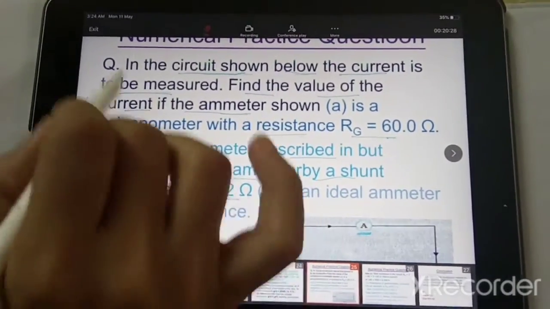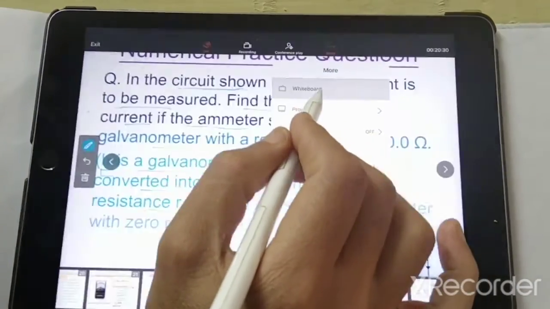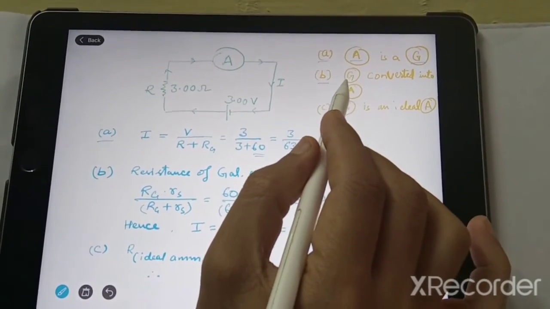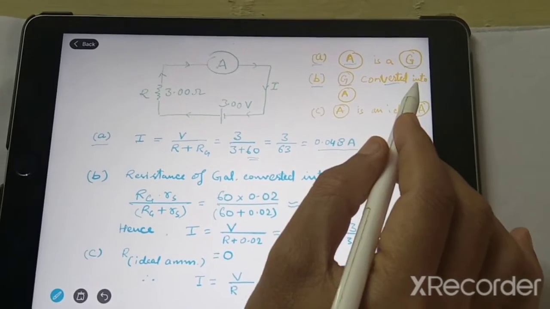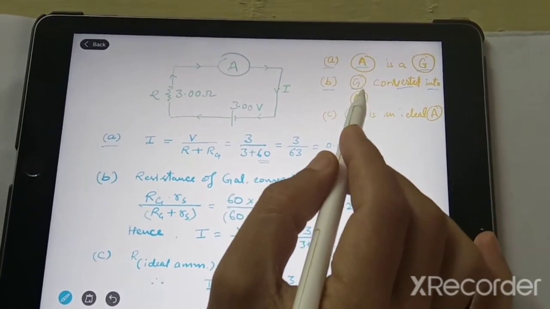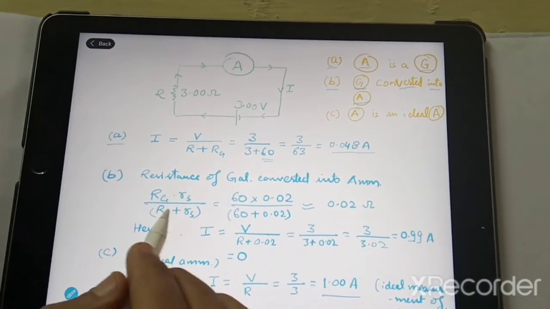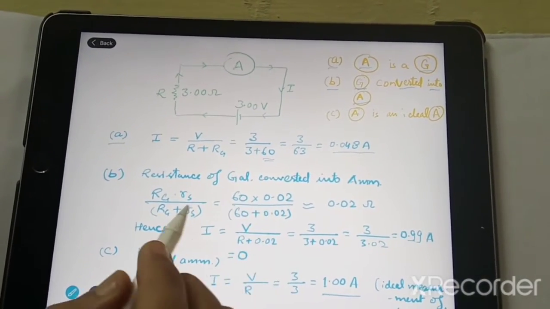B part, we'll see it again on the whiteboard. So here is the B part, that a galvanometer is converted into an ammeter by connecting a shunt resistance of 0.02 ohm.